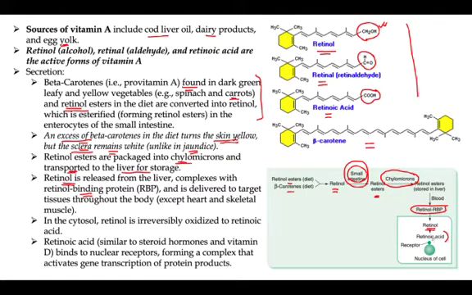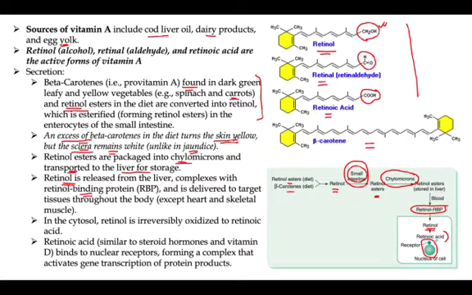Then this retinoic acid, just like some of the steroid hormones that you have studied in the endocrine system, binds to nuclear receptors, and by binding to nuclear receptors, it activates transcription of specific genes that mediate different physiological functions, or more precisely, the proteins that are synthesized on upregulation of a specific gene mediate various physiological functions.